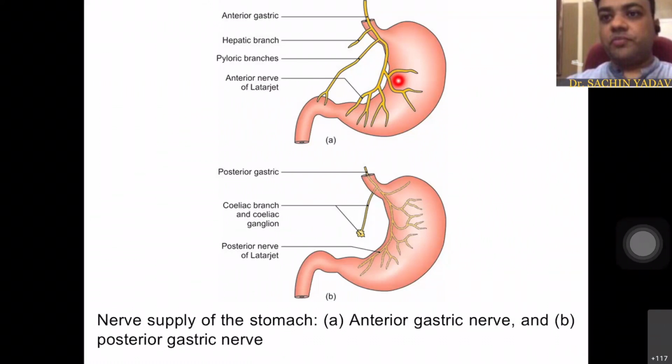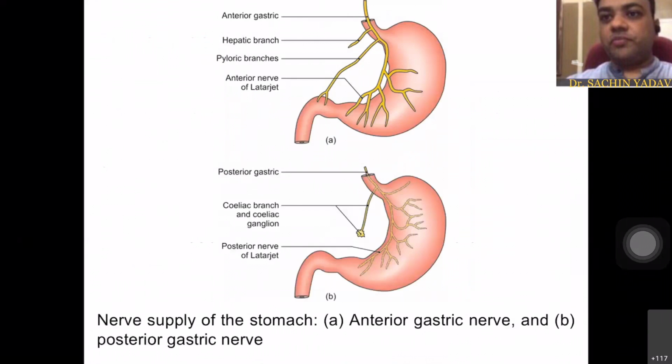Uncontrolled secretion of the gastric juice can lead to ulcer due to the hyperacidity. So this can be controlled by the various medicines we already take in day to day life, and it can also be corrected by this surgical procedure if the conservative treatment is not helping.